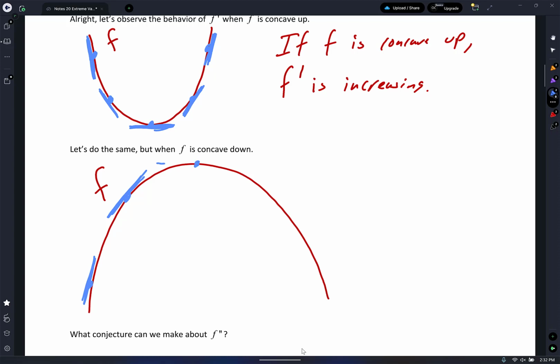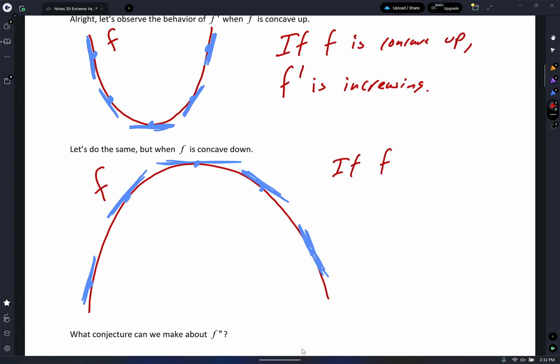Then right here, everyone should know that one. 0. And then here, if I call the one on the left 5, then that looks like a slope of -5 or -3 or whatever. And then this one looks like a slope of like -10. What is going on left to right with F prime? Perfect.